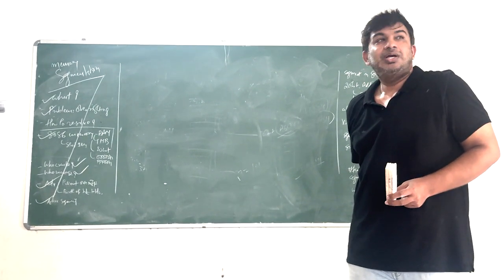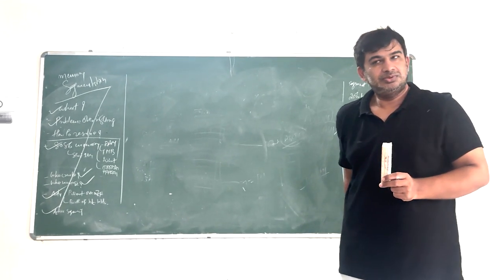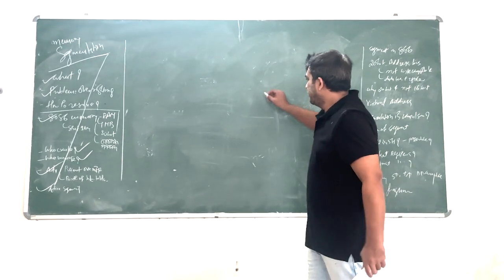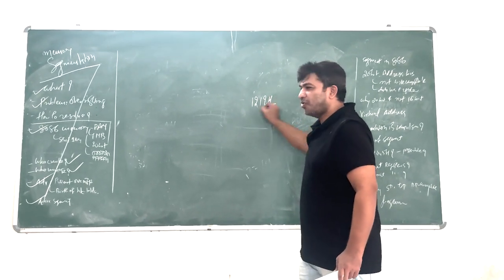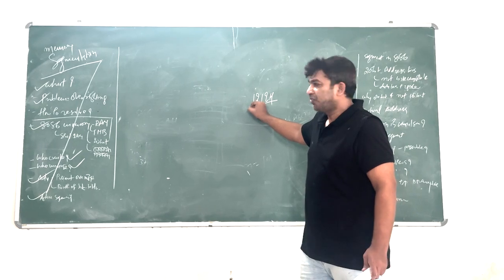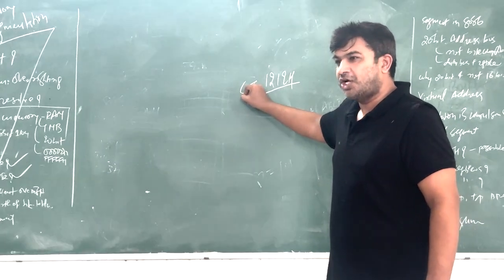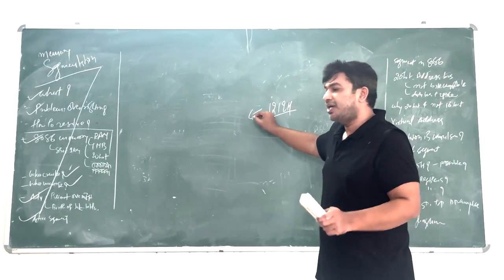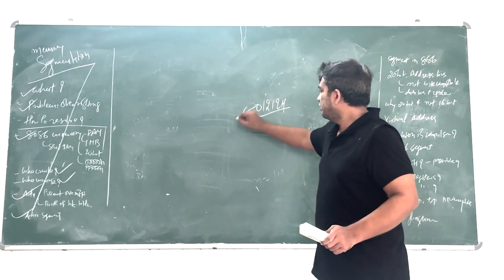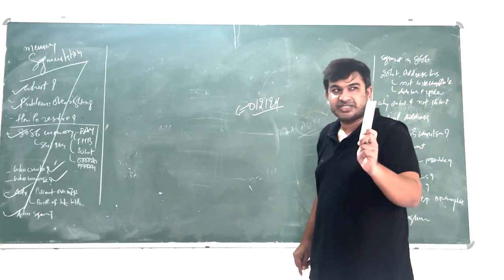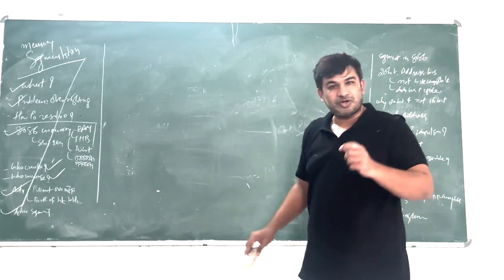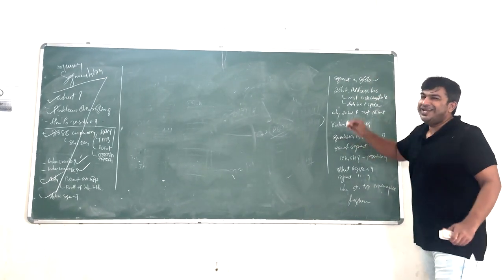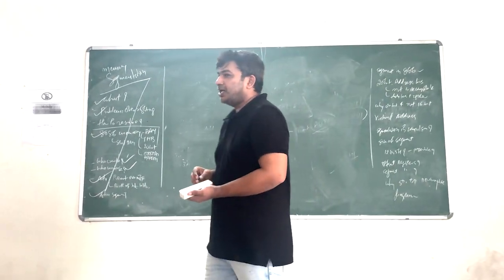Each location can store how many bits? 8 bits. So how many bits is the address of a location, 16? Is this my address of a location, true or false? False. Each address must be of 20 bits, not 16 bits. It should be remembered even if someone wakes you from sleep.